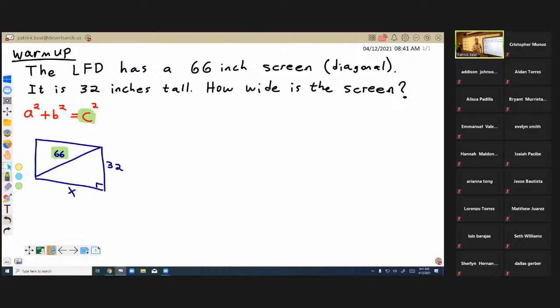What about the other two sides? Those are the legs, and the order of A and B does not matter. So I'm just going to put X in for A and 32 in for B. Plug that into the formula and solve. Go ahead and give that a shot. Oh, we're easing back in. I can see the wheels starting to turn.